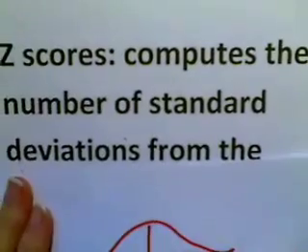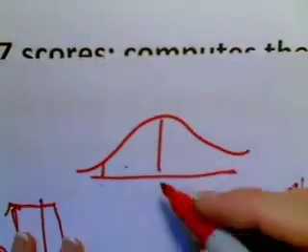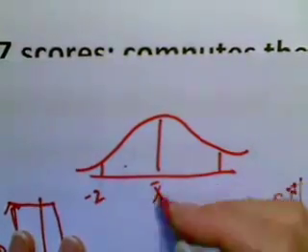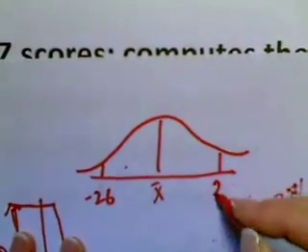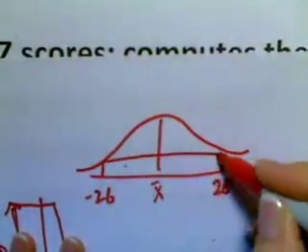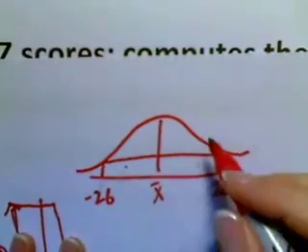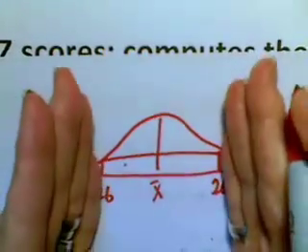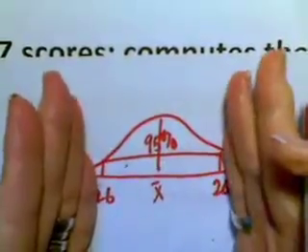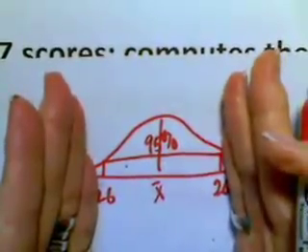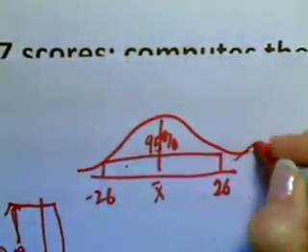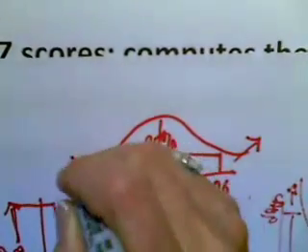We said that if you are 2 standard deviations below or above, what is between here is 95% of the data, which leaves 5% of the data to be shared equally in these two tails.